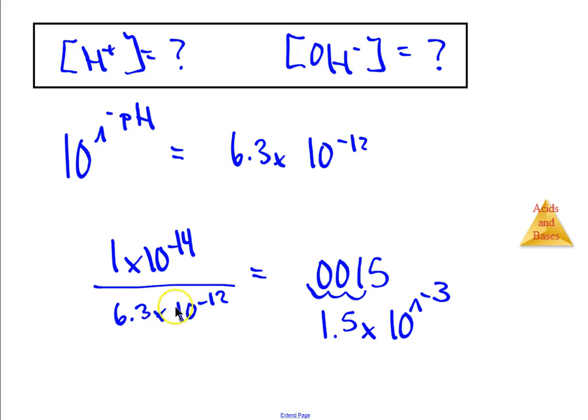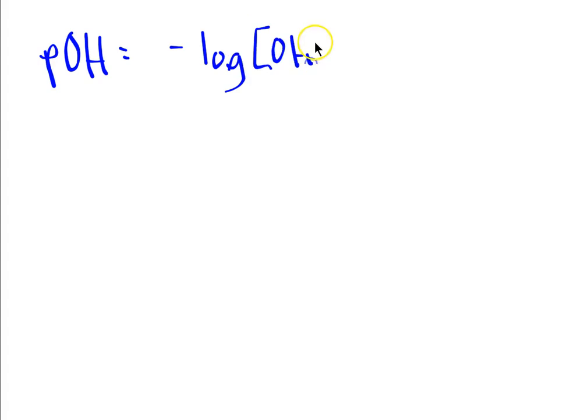Okay, there's one more piece to this puzzle. It's not hard. And that is the pOH. So pOH is simple. It equals the negative log of the OH minus concentration.